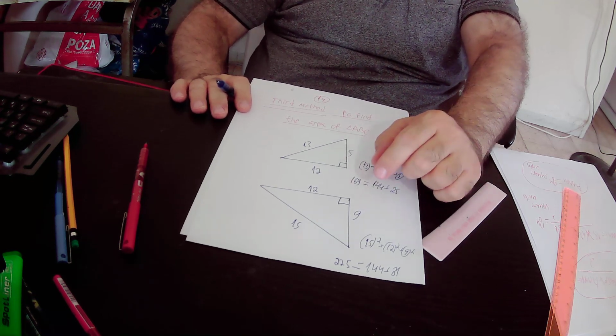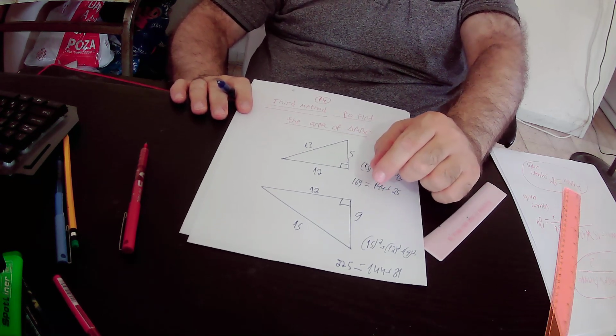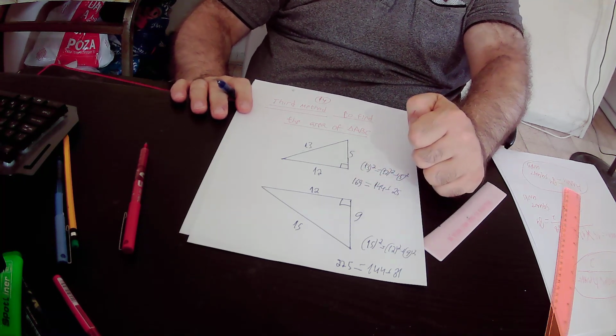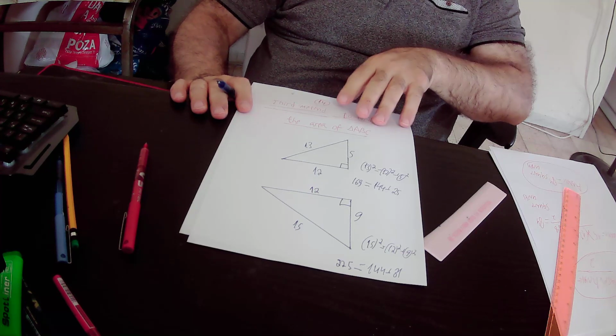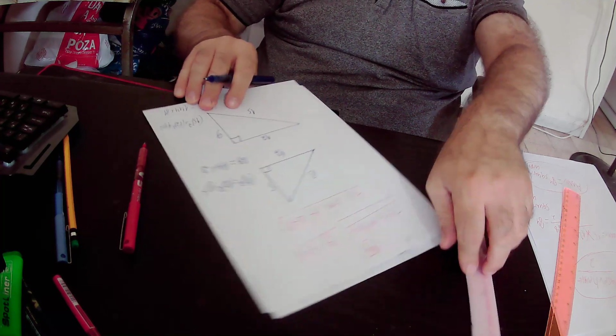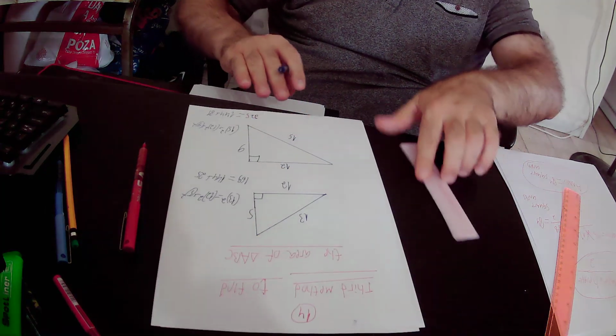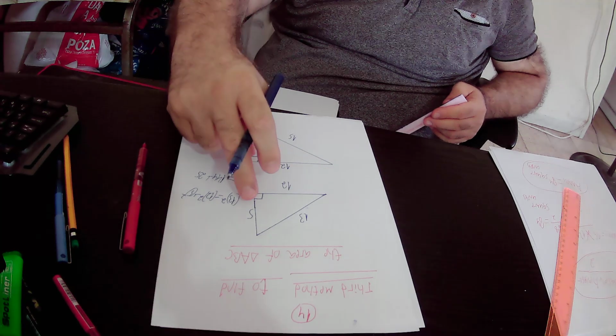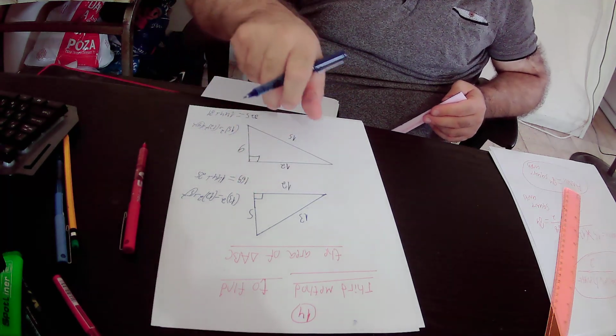Actually, if we combine together those two right triangles, we will get the original triangle, triangle ABC, because triangle ABC has three sides with 14 units, 13 units, and 15 units.